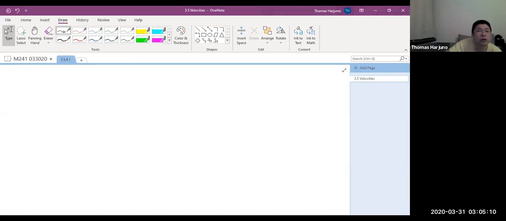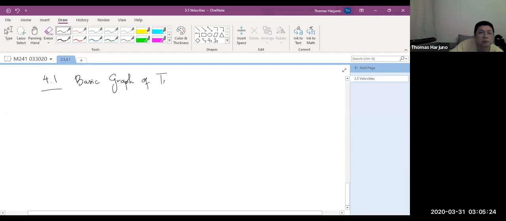The first thing we will do here is graph the basic graph of trig functions. We will first focus on the graph of y equals sine x. Now, how do I want you to do this? I will first ask you to create a table.